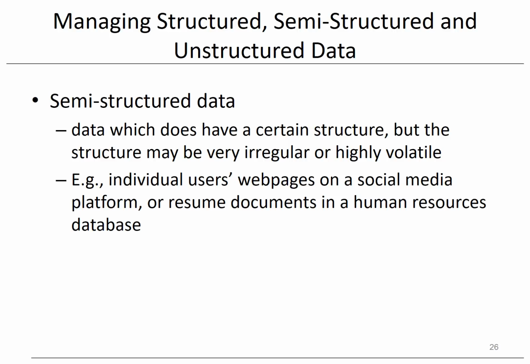This is data which does have a certain structure, but the structure may be very irregular or highly volatile. Typical examples are individual users' web pages on a large social media platform or resume documents in a human resources database, which may loosely exhibit the same structure, but which do not comply entirely with a single rigid format.